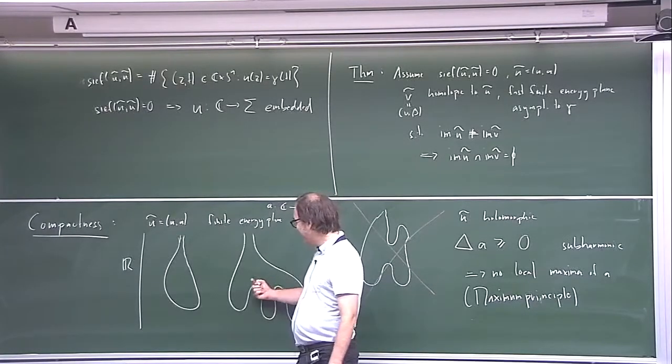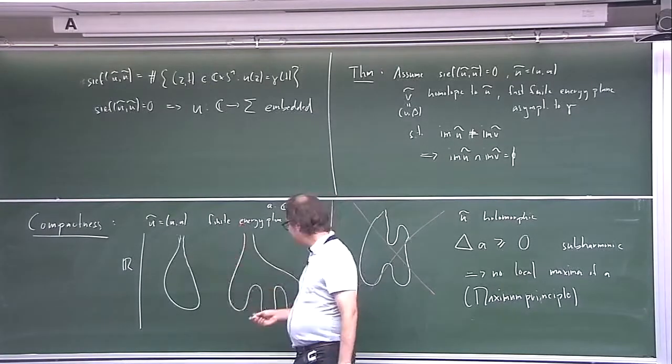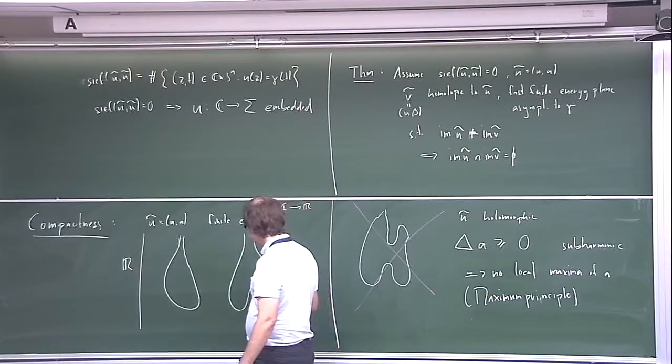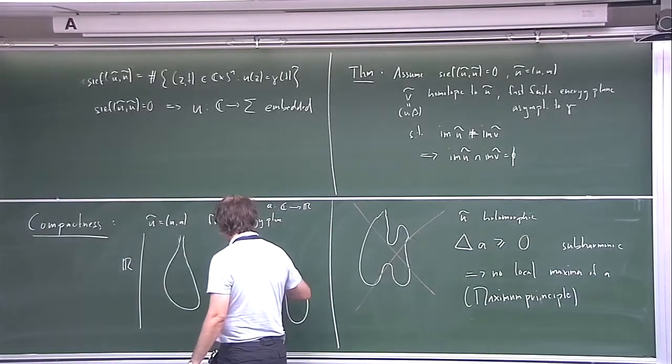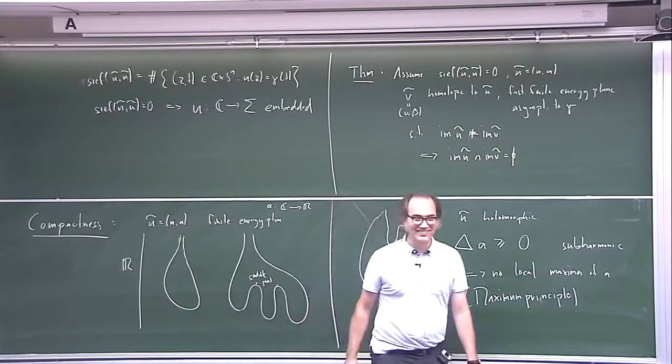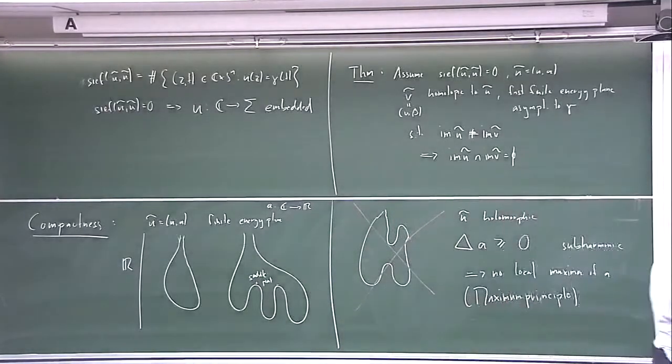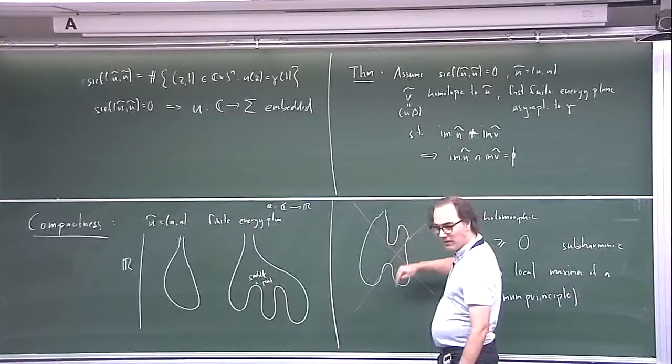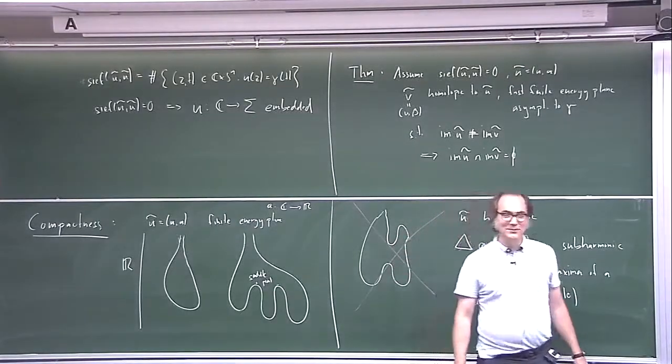So you should imagine this is not a local maximum. This is kind of a saddle point, but we don't see the other directions. Here it will be an actual maximum, so other directions also go down. Yeah, thank you.